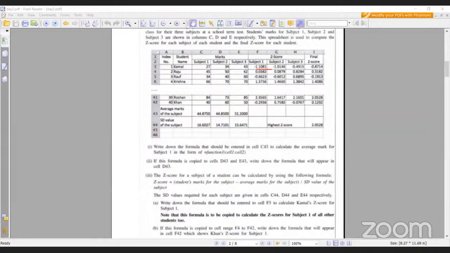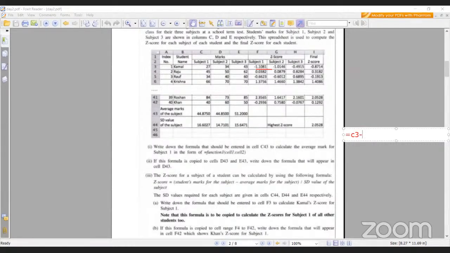So first is you have to, according to student marks for the subject, that is actually equal C3. Then minus. Formula is given. So you can use the same thing.